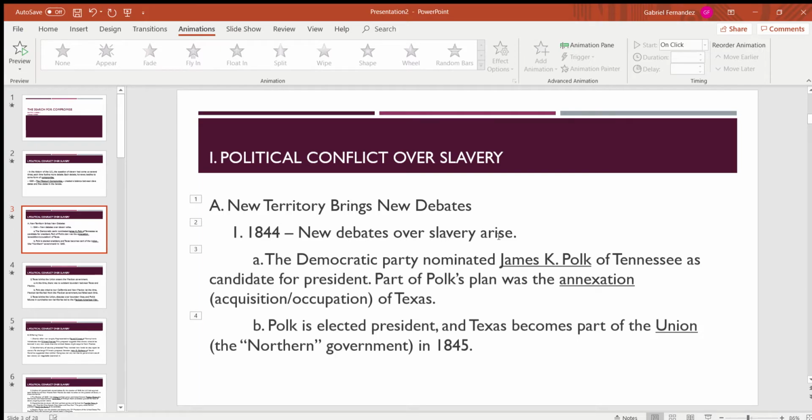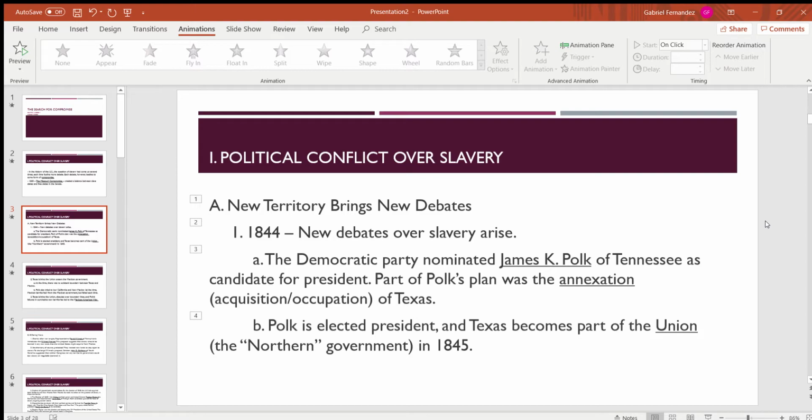In 1844, new debates over slavery are going to rise. The United States is acquiring new territories at this time, so they're debating how slavery is going to be tied into this time period and into all of these states.